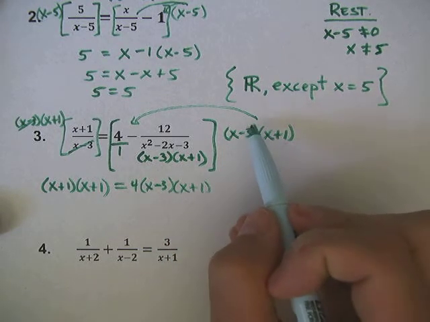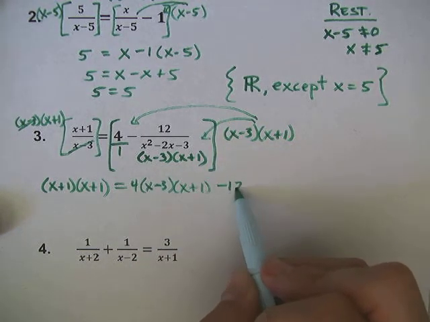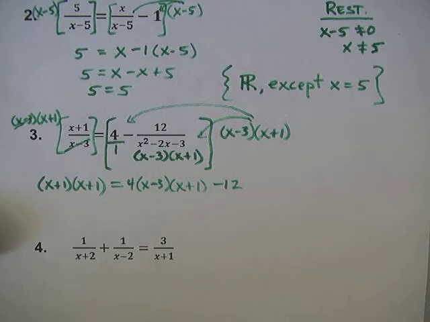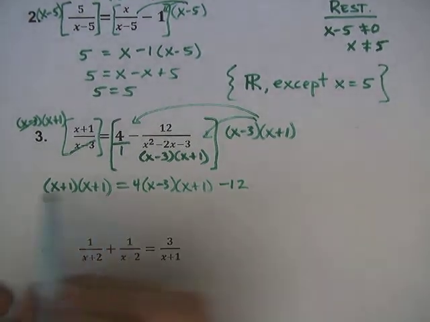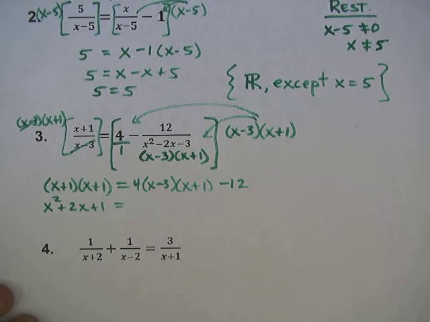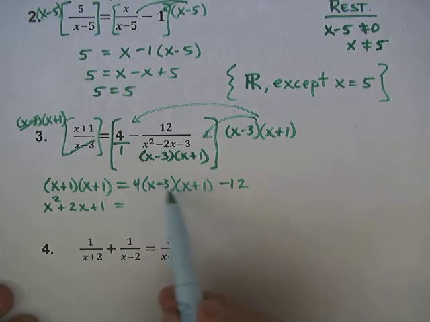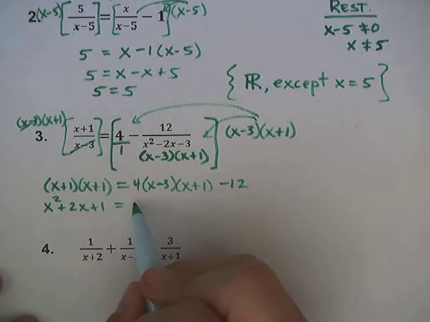When I distribute this, I'm going to get 4 times (x minus 3)(x plus 1). Distribute to here. The nice thing is all that goes away, and I'm just left with minus 12. All right, so we've got a lot of simplifying here. If I go through and FOIL all that, I get x squared plus 2x plus 1.